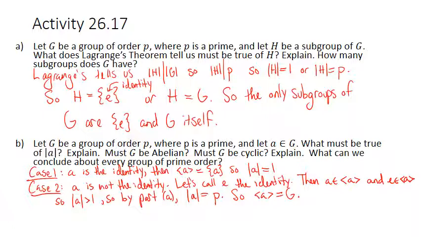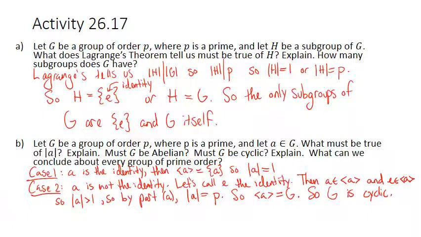Because there are only these two subgroups of a group of prime order: the identity subgroup and the entire group. So if the subgroup generated by A is not the identity subgroup, then it must be the whole group. This is quite interesting because it tells us that G is cyclic. Remember that a group is cyclic if it is equal to the cyclic group generated by a single element. So G is cyclic.